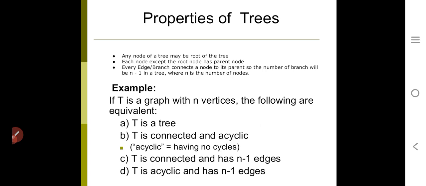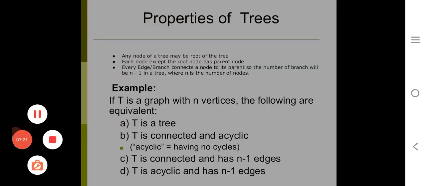Then we have to find the properties of a tree. From the above diagram, we name the graph capital T. If T is a tree, then T is a connected and also an acyclic graph.